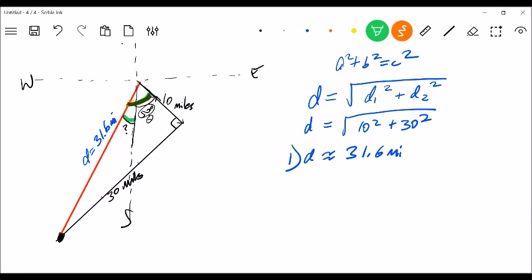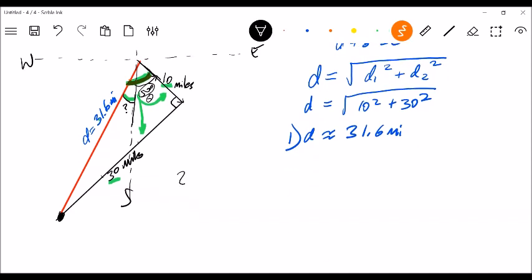So I need to figure out for the big angle here, for this one, I have 3 numbers I can work with. I think I want to use the ones that are exact ones, because 31.6 had to be rounded a little. So we'll be more precise if we use 10 and 30. So that means I can use the opposite and I can use the adjacent. And the trig function that goes with that is tangent.